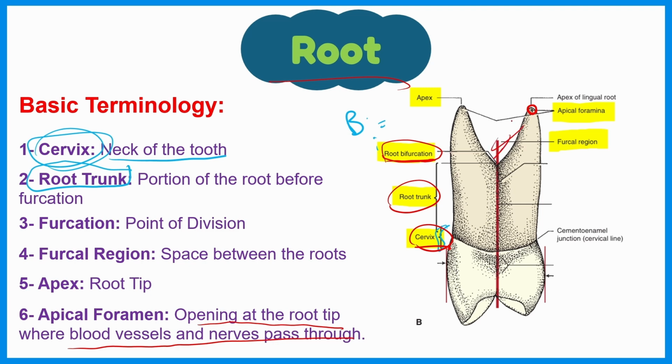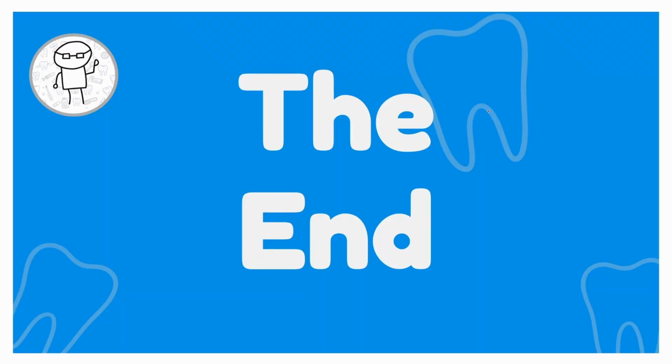The space between them is called the furcation region. The tip of the root is called the apex. At the tip of the apex, there's an opening. This opening is called the apical foramen. It's foramen because it's just one; it marks 2 would be foramina. Apical foramen, that's what it's called.